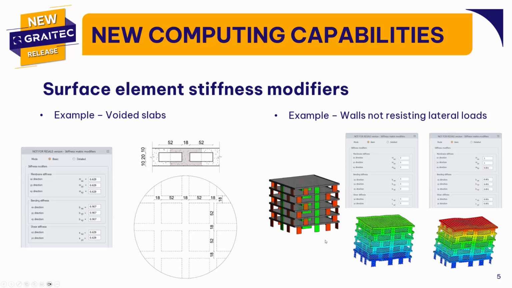Let's say you have a planar element which works like a wall, but you want to remove the stiffness for lateral forces. You want the wall just to take vertical forces. So using those options here, as you see, you can make the wall take vertical forces and not take lateral forces. So these are two types of implementations that you can use for this feature, but there are others as well.